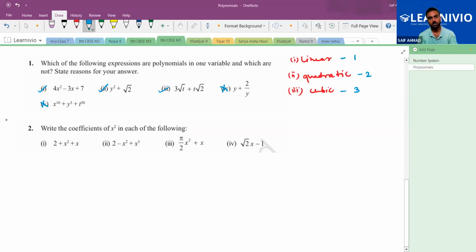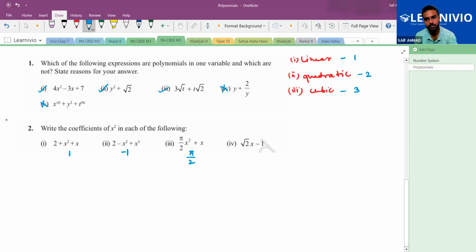Tell me, what is the coefficient of x squared in the first one? 1. Mohammed Ali, in the second one? -1, sir. Suleiman, third one? Pi divided by 2. Yes, pi by 2.